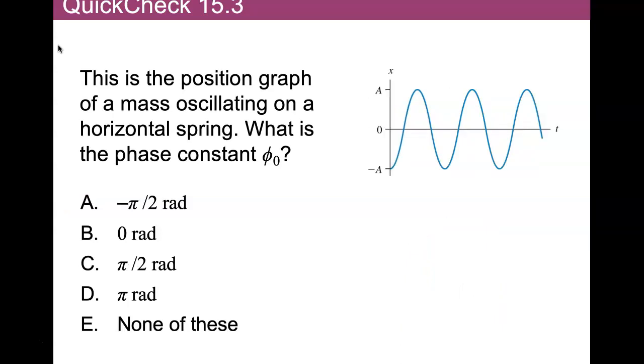What about this one? So again, pause the video, take a few seconds to decide what the correct answer is. Now, similarly, this is again a position graph. And we know that initially at t equals 0, it's at minus A, right?